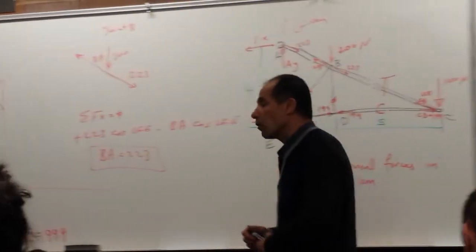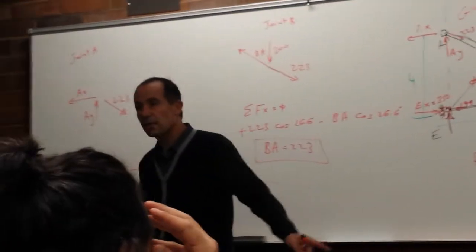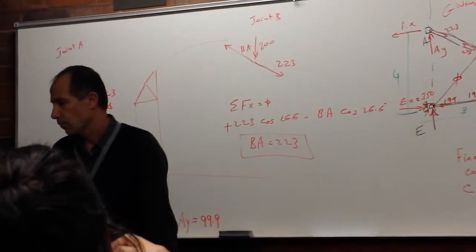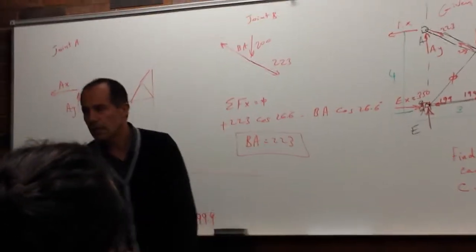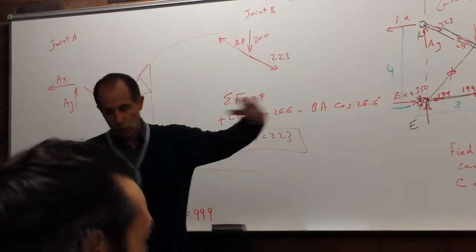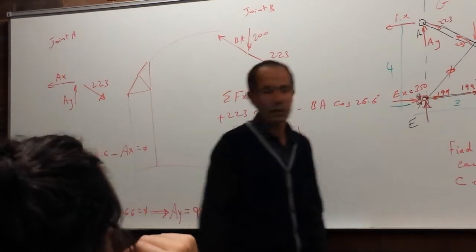Look in your book for the questions and select a question to solve. I thought we were supposed to start with the extensions first. It doesn't matter. You can do it if the structure is given well.